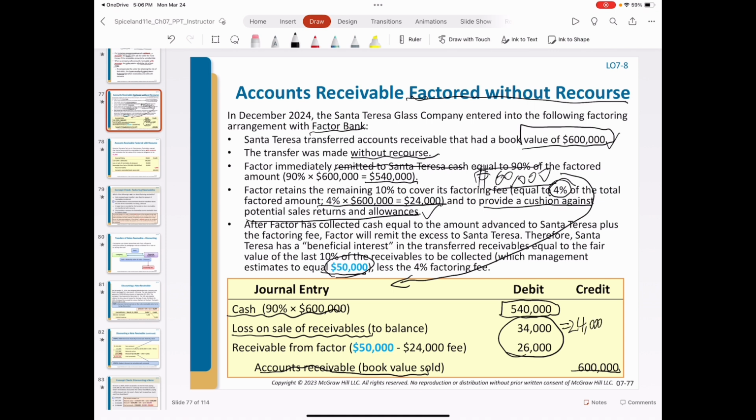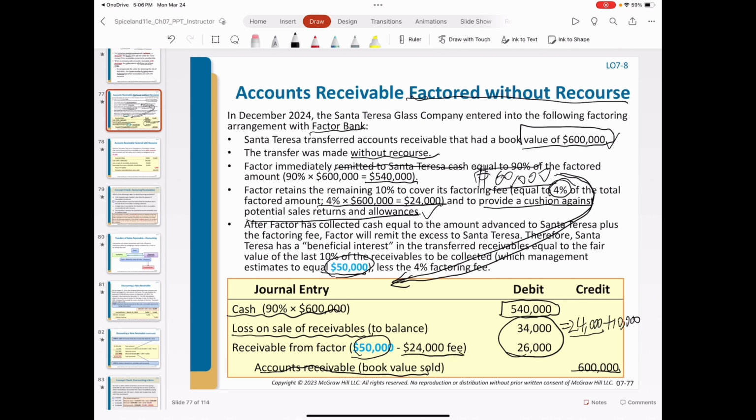This is revenue for the factor, but this is a loss for the transferor, the Santa Teresa Glass Company. Another $10,000 is actually the reduction in the value of the residual accounts receivable. The residual estimate value will be $50,000.